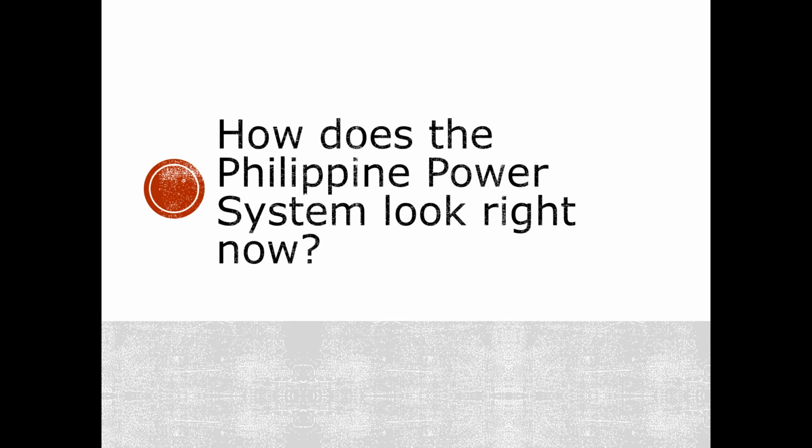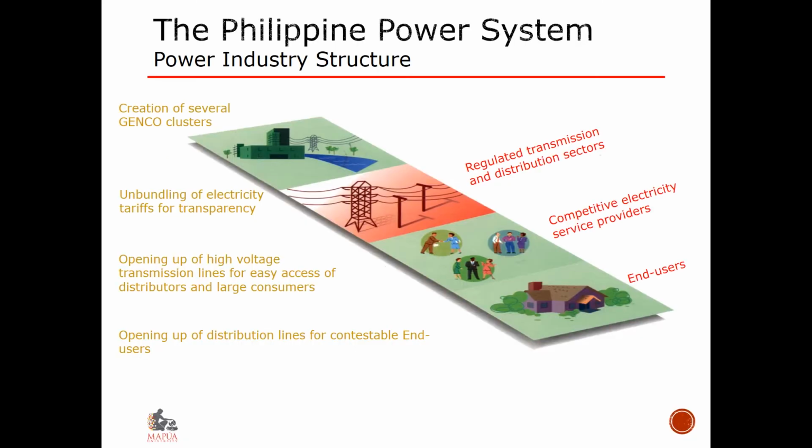Now, how does the Philippine power system look? That was then. How about now? How does it look? The Philippine power system already has a lot of generation companies available. Electricity tariffs are already unbundled for more transparency.